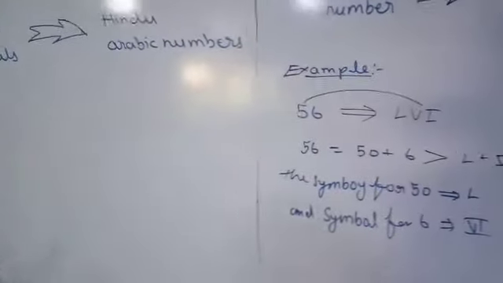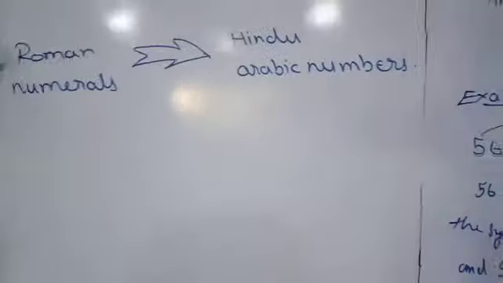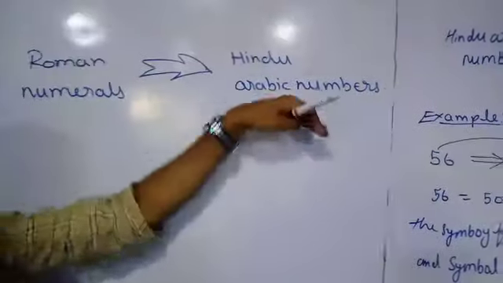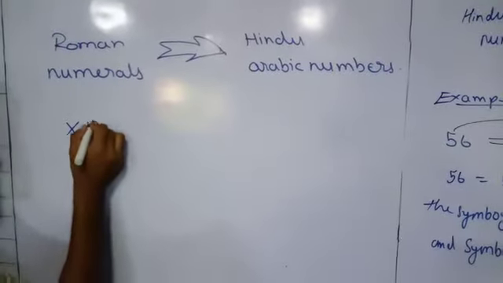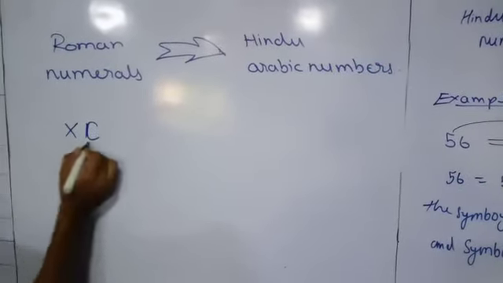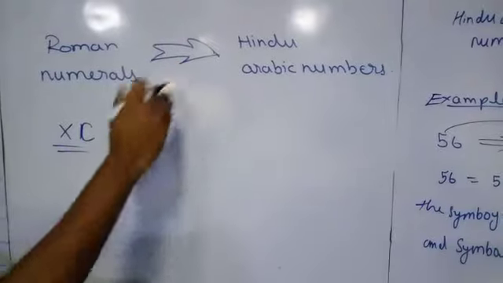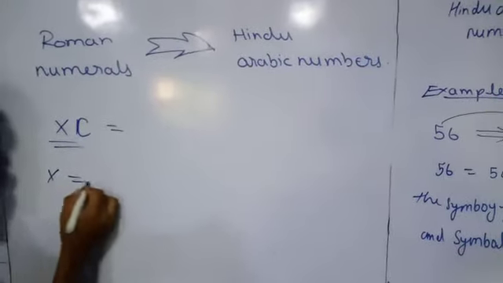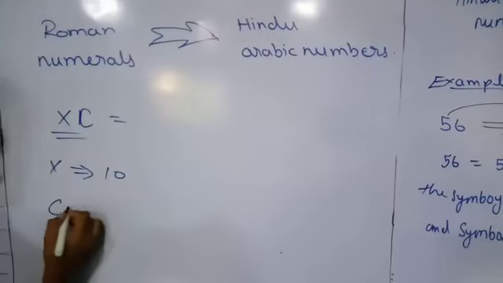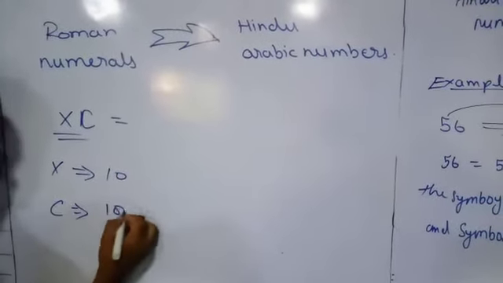Now Roman numerals we are going to convert into Hindu Arabic numerals. For example, XC. What is the Hindu Arabic number for XC? X stands for 10, C stands for 100.